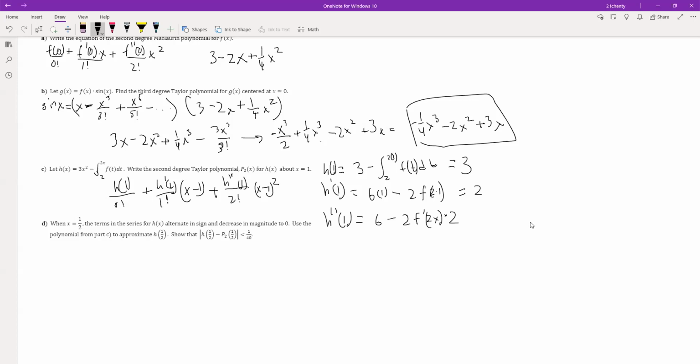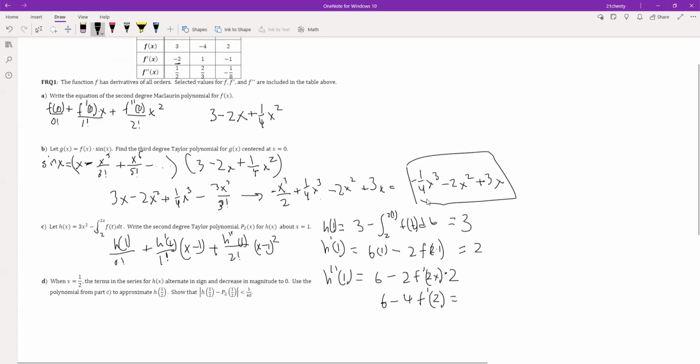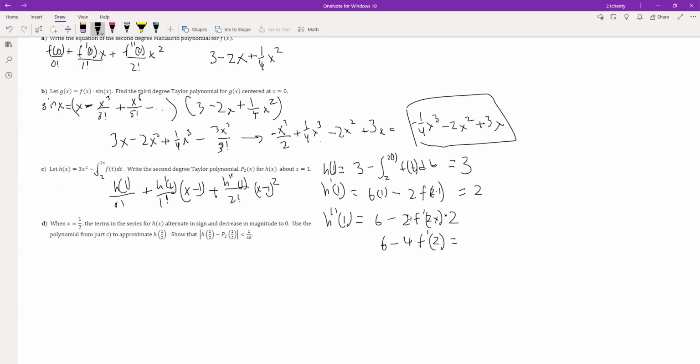And so now this is essentially 6 minus 4 f prime of 2, and f prime of 2 is negative 1, times negative 4 is positive 4, so 6 plus 4 equals 10.